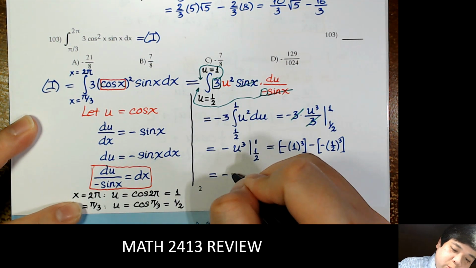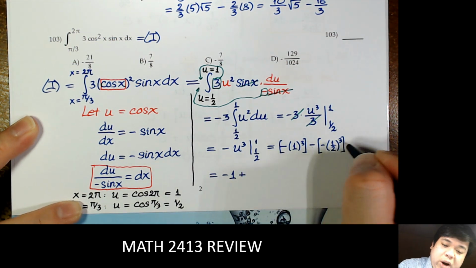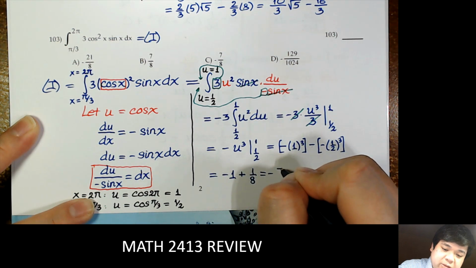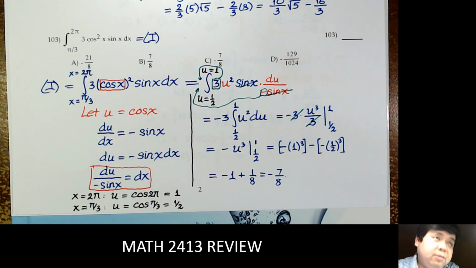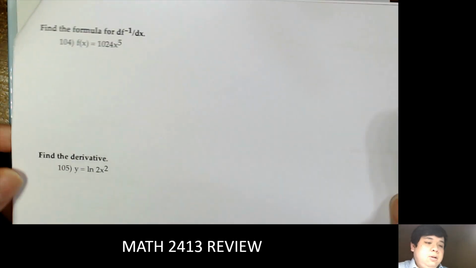So that gives us negative 1 minus the negative, so that's a plus. 1/2 cubed is 1/8, so that gives us negative 7 over 8, and that's what we have.